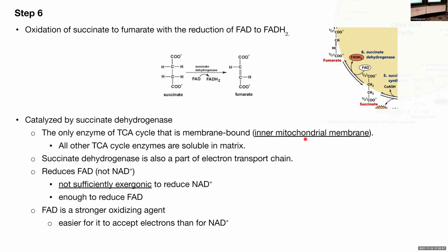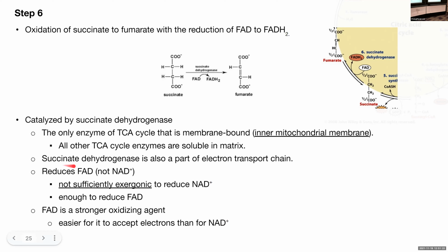And as I just said, all the other enzymes as well as the substrates are in the matrix. But succinate dehydrogenase is the only enzyme that is bound to membrane. That will change the dynamics here of the molecule processing here.